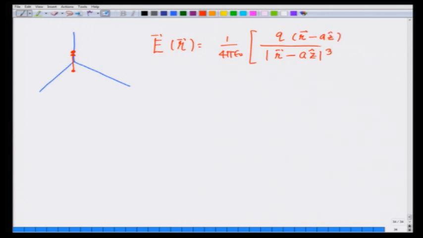That is the field due to the positive charge, and that due to negative charge is going to be minus q (r plus a z) over modulus of r plus a z cubed. To make it more explicit, let me draw this point r.